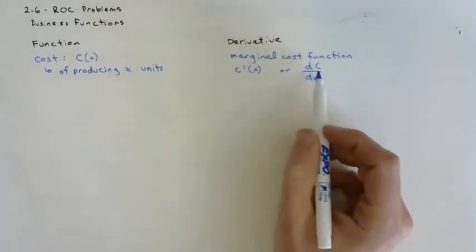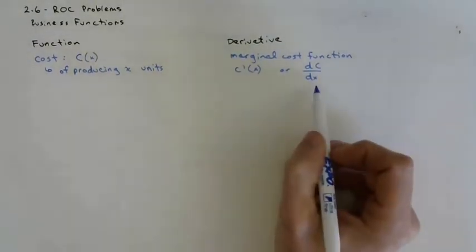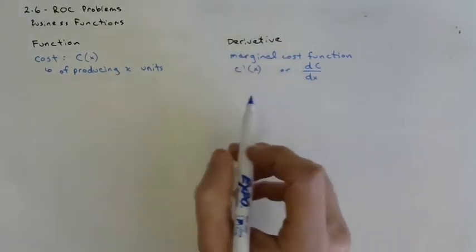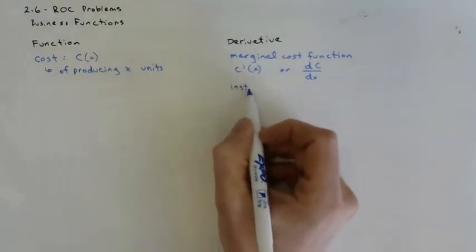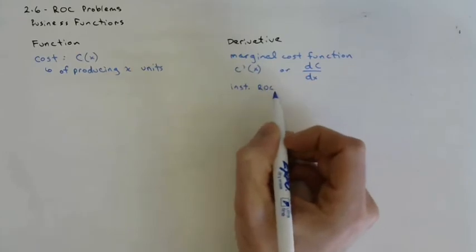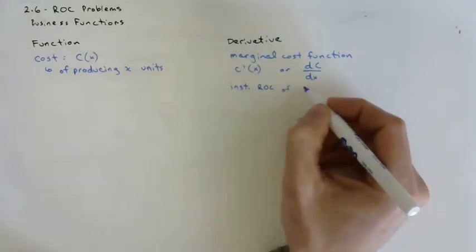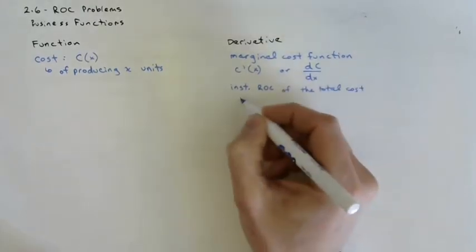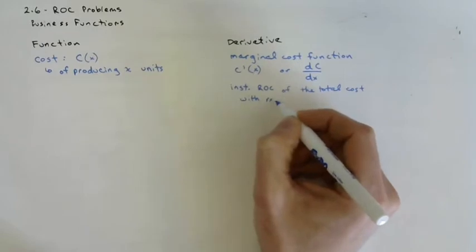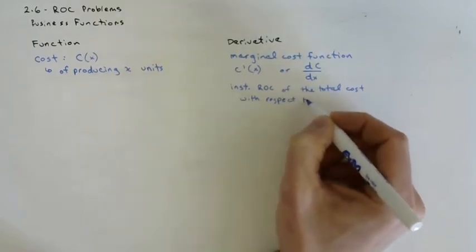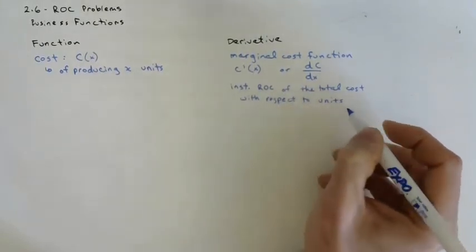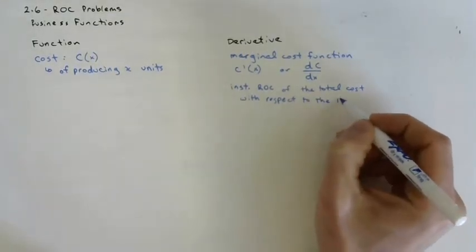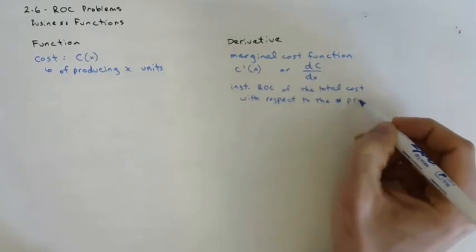So it's the rate of change in cost with respect to the number of units being produced. What does that mean? This is the instantaneous rate of change of the total cost with respect to the number of units produced.